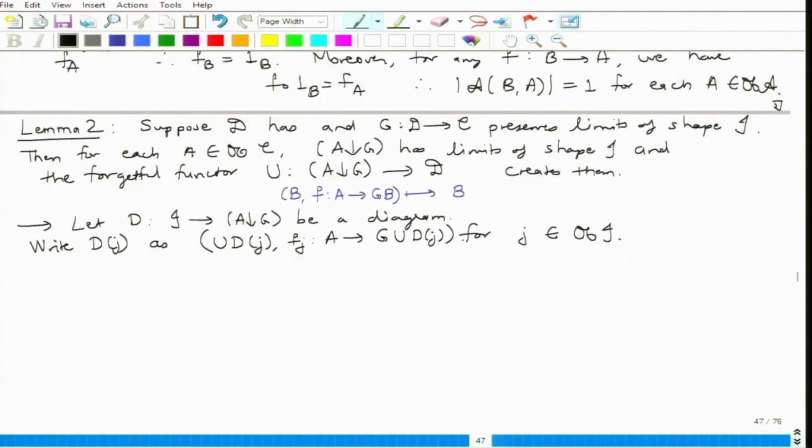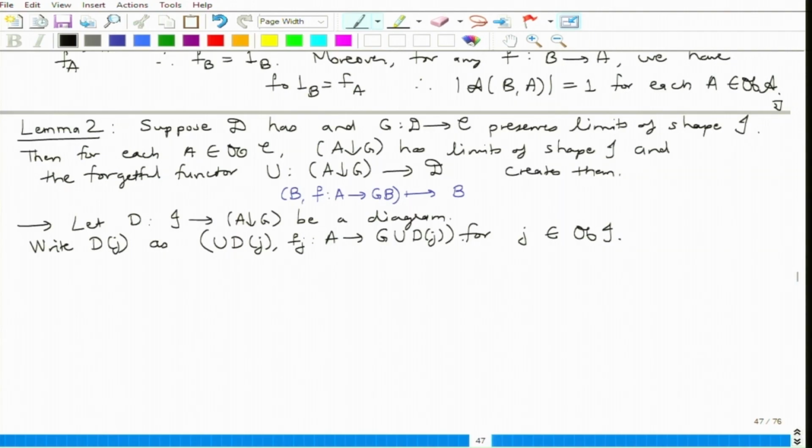Okay, so now where is this diagram, this dj? Look at that. Does it look like a diagram at all? Because we have fixed A in the arrow category, it's one fixed parameter.